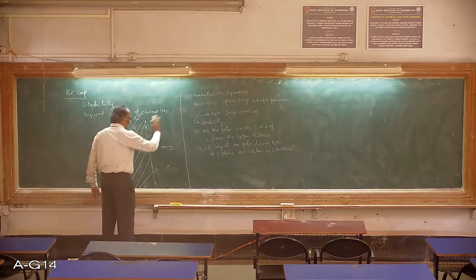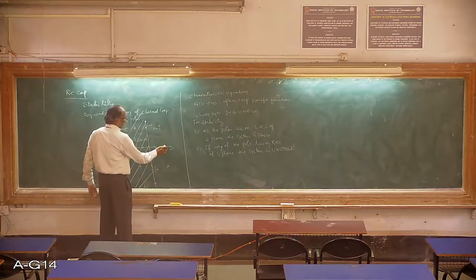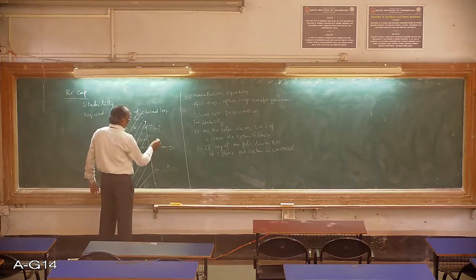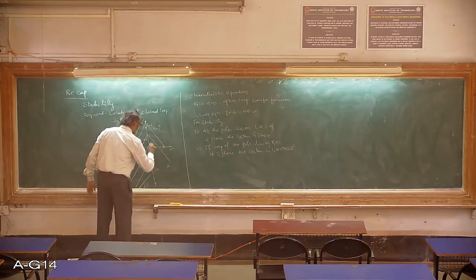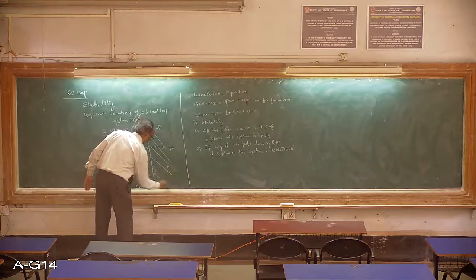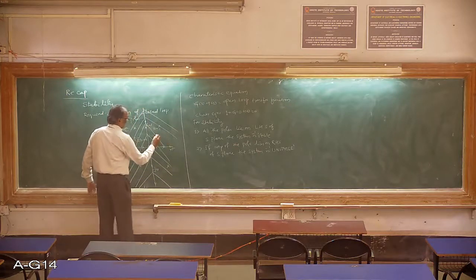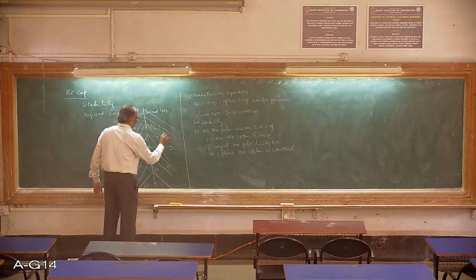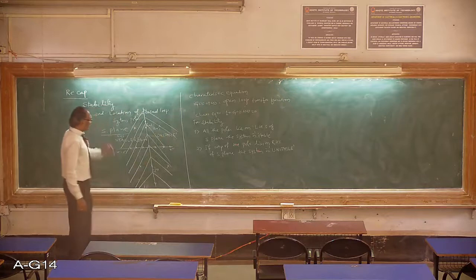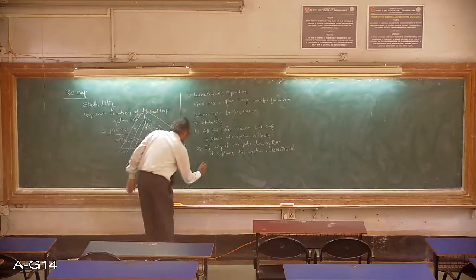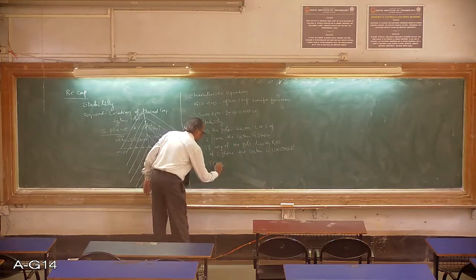If the poles lie anywhere here, they may be complex conjugate, they may be real, or they may be only real. This region is called the unstable region.